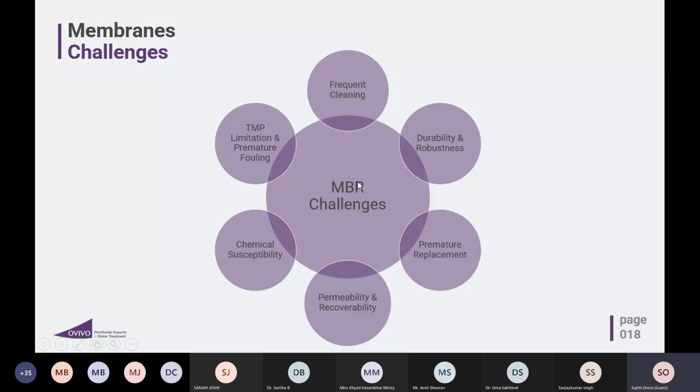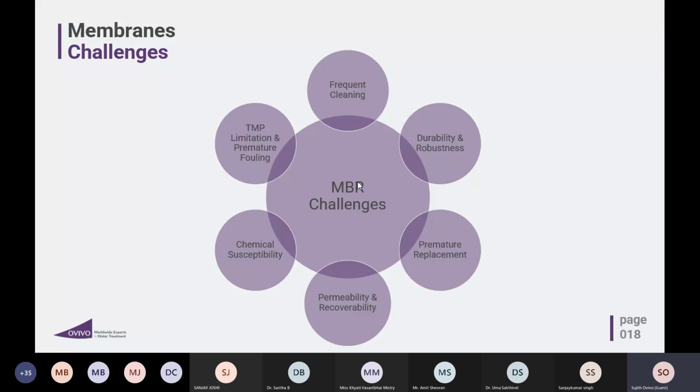Because you design for some flux rate. Flux is nothing but the amount of water you draw per square meter of membrane area, right? So usually we design at some flux, but eventually it will come down. You are not able to recover, right? Chemical susceptibility, right? You will find that in many places, be it sewage or any industry.